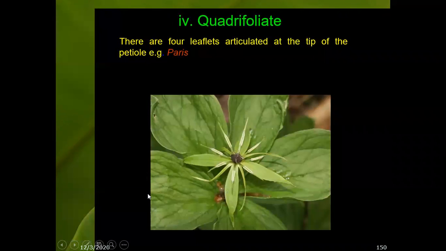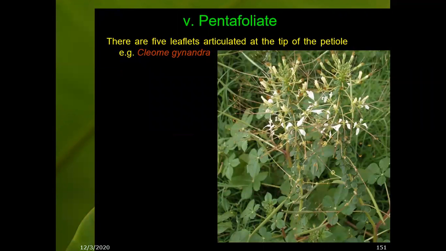Next, quadrifoliate. There are four leaflets articulated at the tip of the petiole. It is quadrifoliate. Next, pentafoliate.